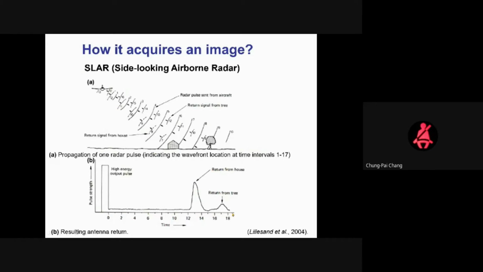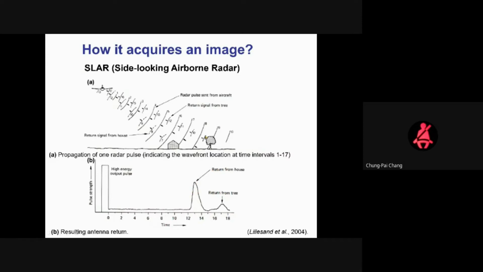If you receive all these signals along time, from 0 to, for example, 18, you can see the near range. Firstly, there is not much return signal, and when the signal touches the houses, you get a very strong pulse from the houses.